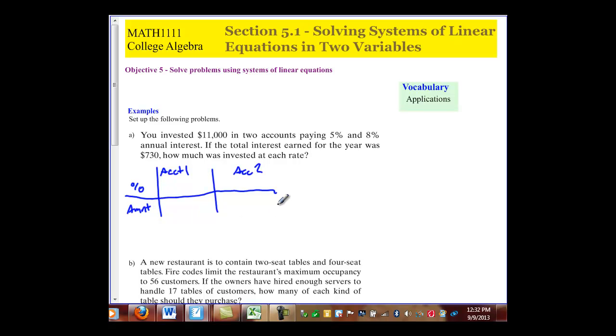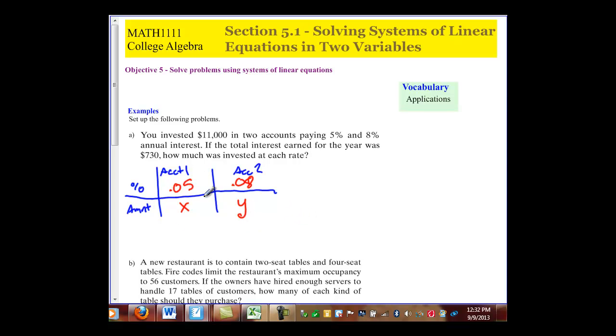How about that? So the account 1, what's the interest rate for account 1? Yeah, so 0.05. What about the interest rate for account 2? Yeah, 0.08. All right, the amount. If we use two variables, that's fine. Okay, we have x and y.